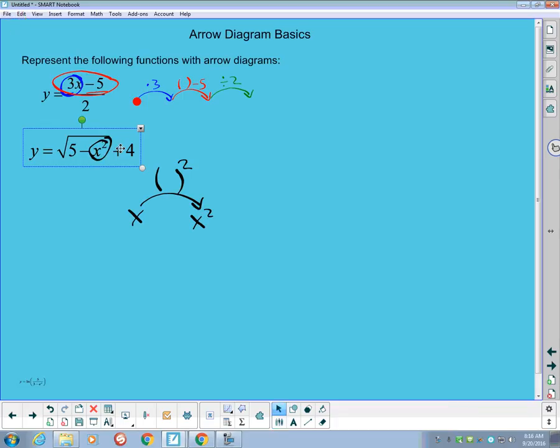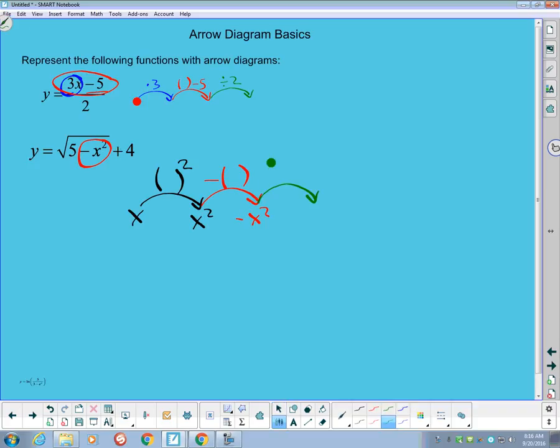The next thing I need is that negative out in front of it. So I'm going to represent that with a sign change. This just says change the sign on whatever is there. And so now we have the negative x squared showing up. We get the 5 in. So our next step is to add 5.